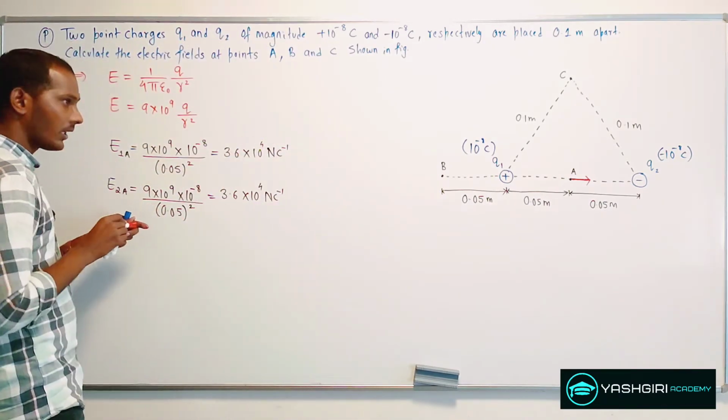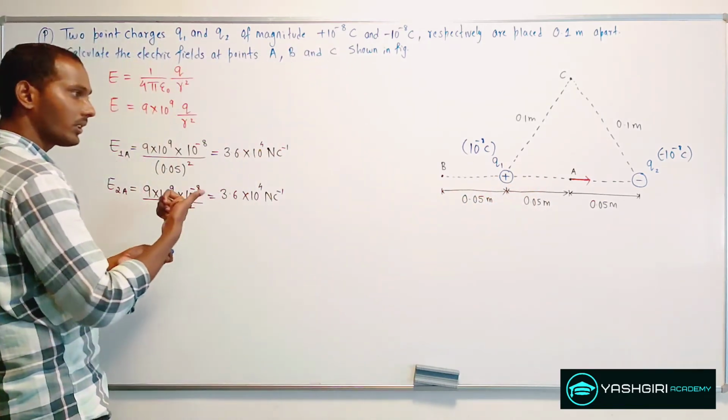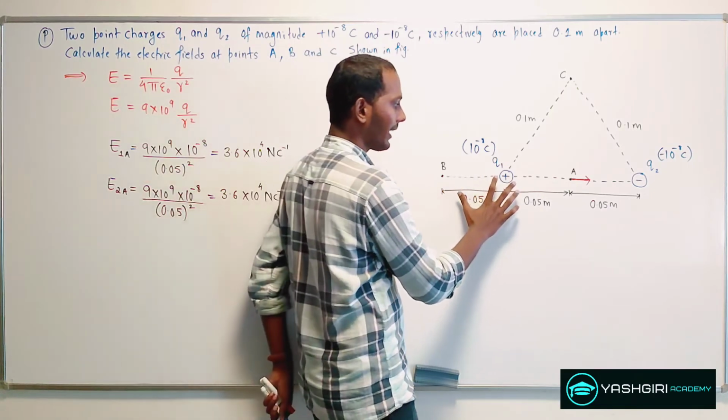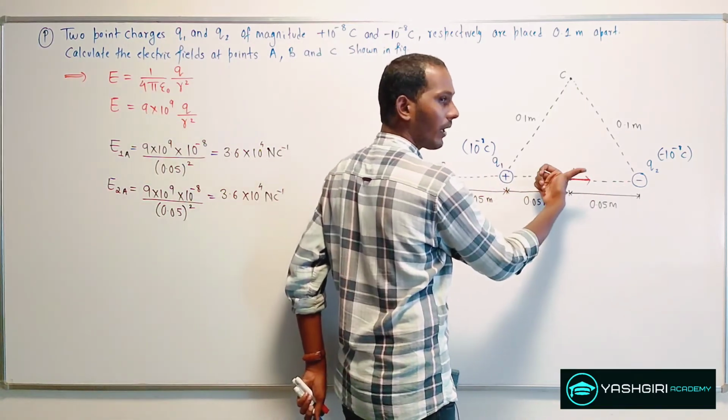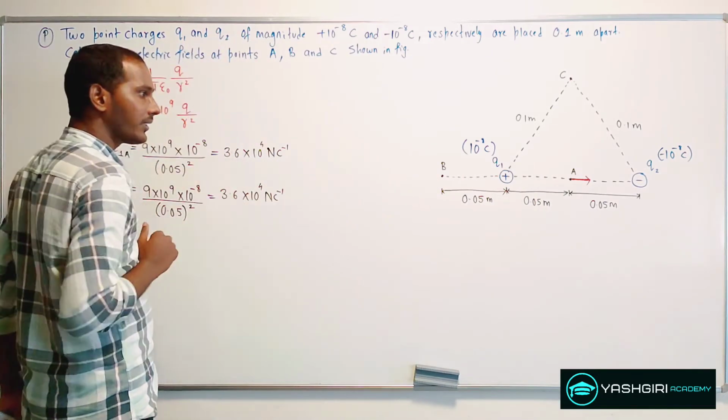Now here we are interested in the net electric field. Both the directions of the electric fields due to Q1 and Q2 are pointing in the same direction, so I can add the vectors, right?